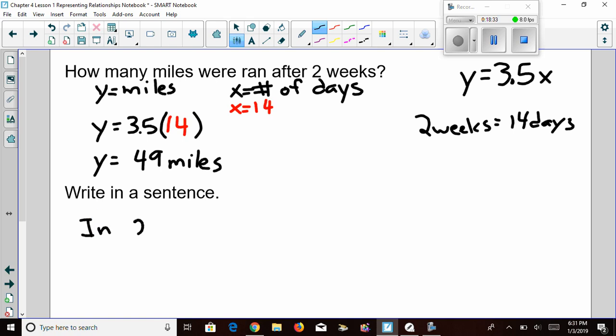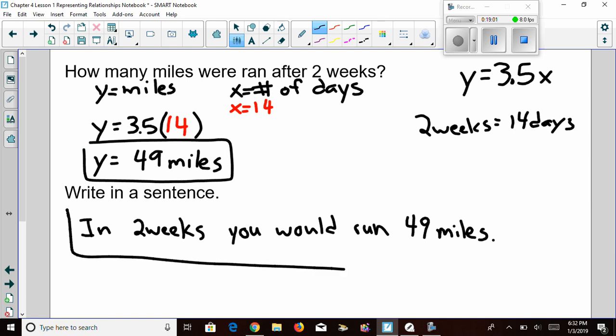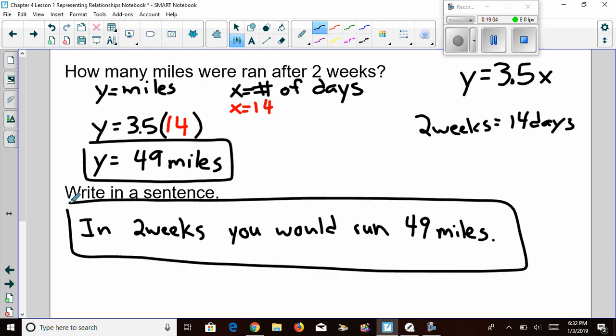In 2 weeks, you would run, or you would have ran, 49 miles. Box in what parts are our answers.